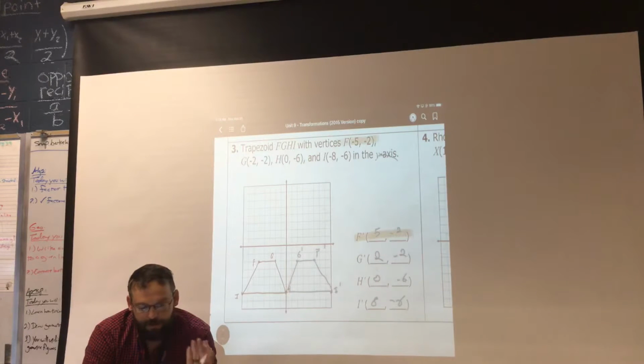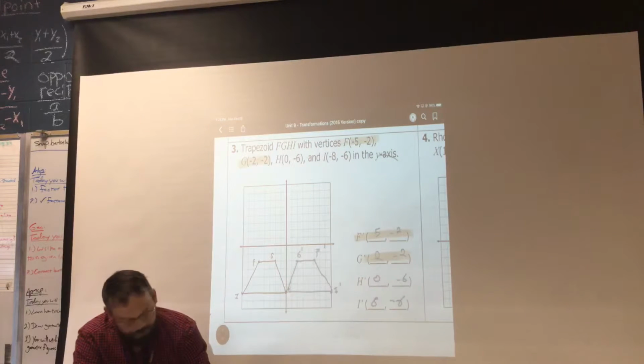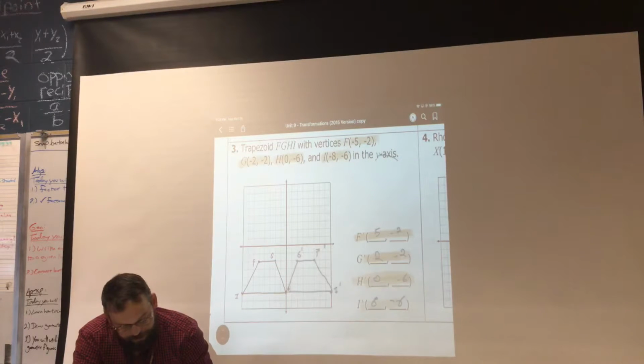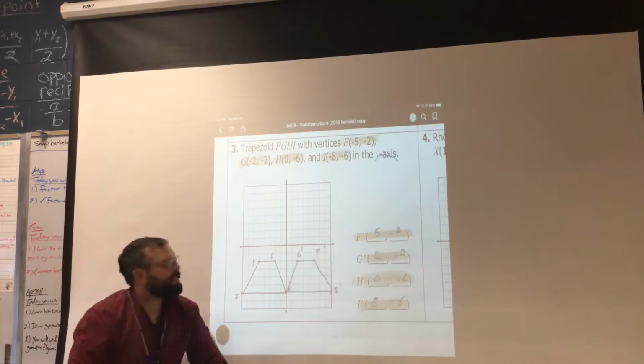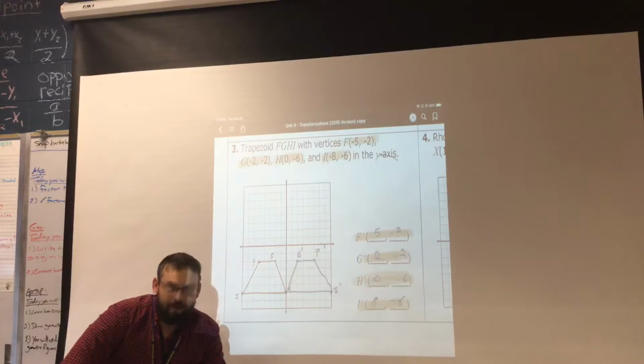So when you're reflecting over the y-axis, if you notice right here, look at G and G prime. H and H prime in this case didn't really do anything, did it? I and I prime. Notice that the only thing that changed was the x value.